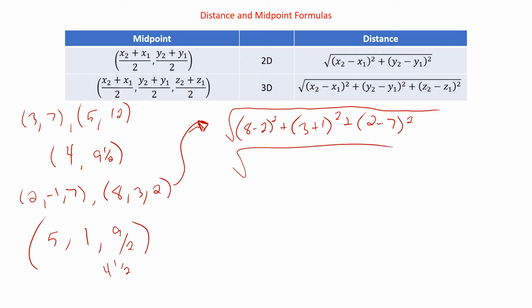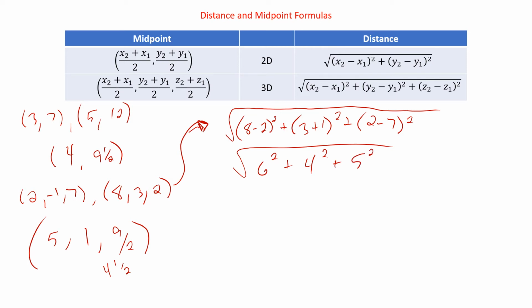And the nice thing about this is it doesn't matter what order you're in. You can even switch the orders, because the only thing that's going to change is the sign. When you square it, it's all going to be positive anyway. So it makes it even harder to mess up. 8 minus 2 is going to be 6 squared, plus 3 plus 1 is 4 squared, plus 2 minus 7 is -5. When we square it, it'll be positive anyway, so we'll just go 5 squared.